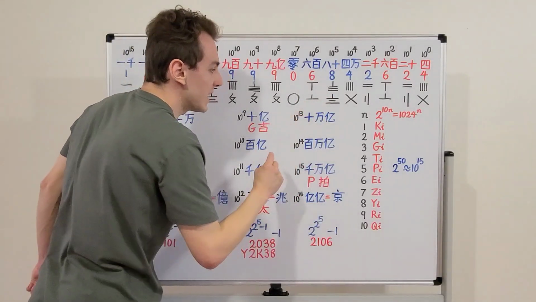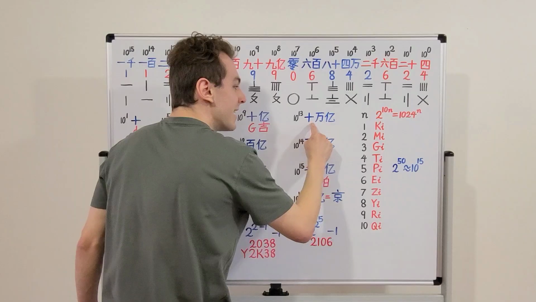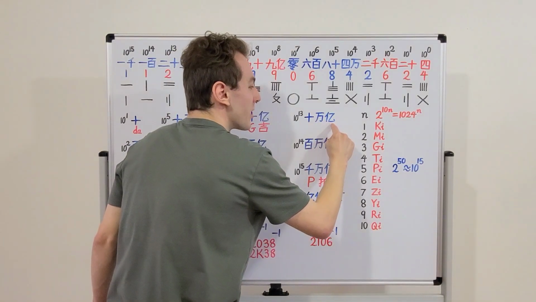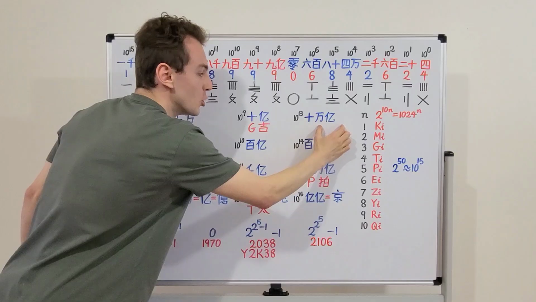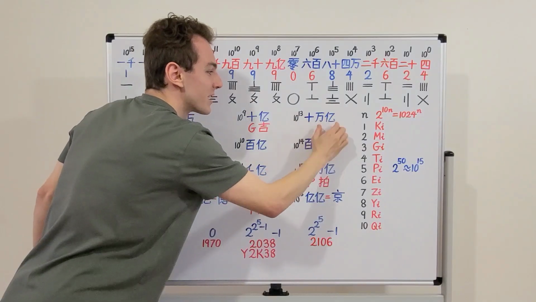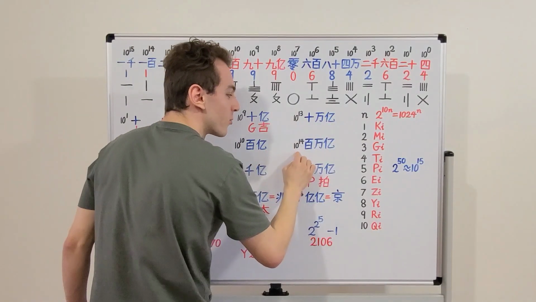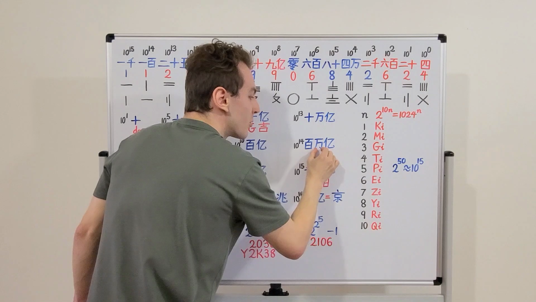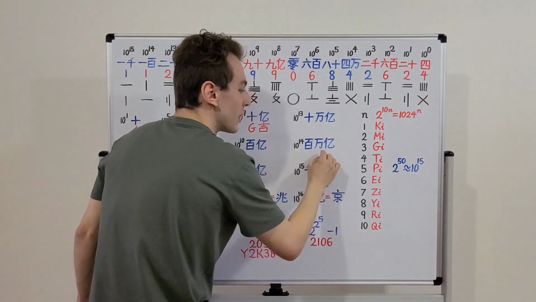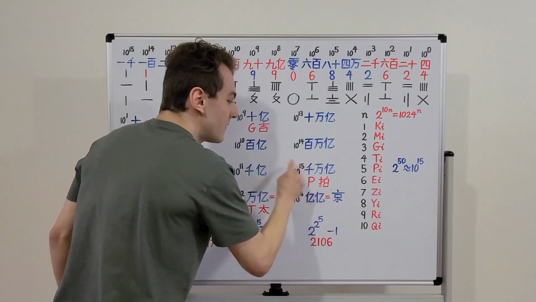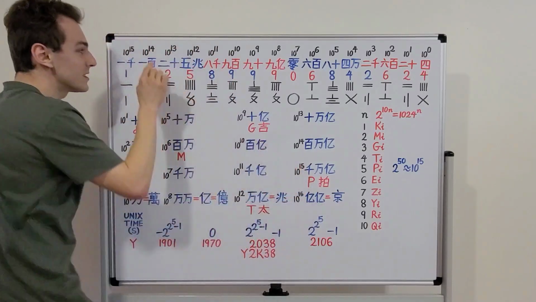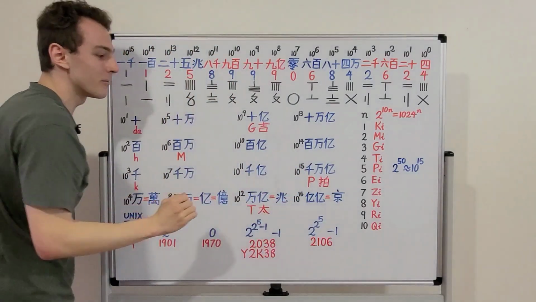So we have 10 to the power of 13. We can write that as 10 myriad squared. And alternatively, we can write it as 10 myriad cubed. So we can read this as myriad cubed. Then for 10 to the power of 14, we have 100 myriad cubed. So here we have a myriad by itself and then myriad squared. And then for 10 to the 15, which is very relevant, it's important for our example over here.